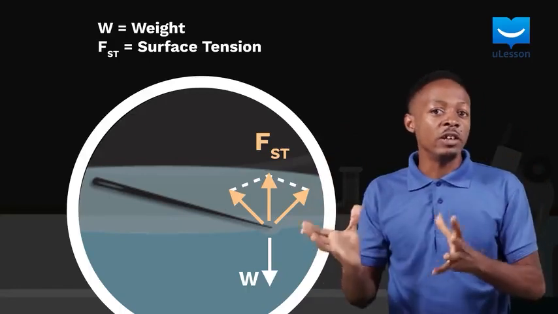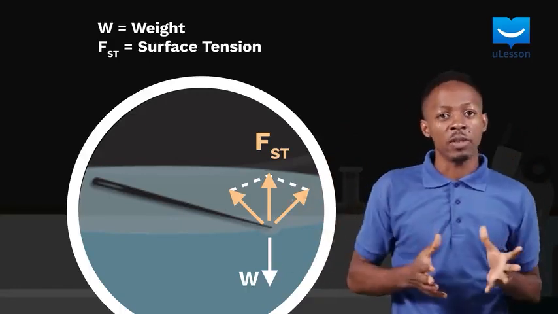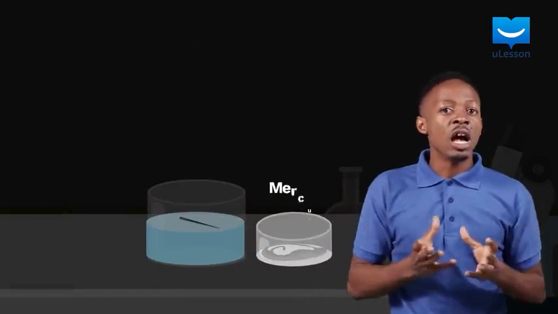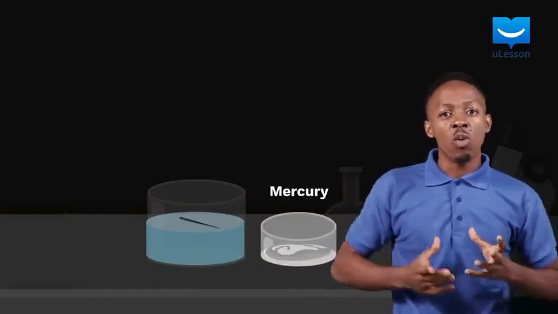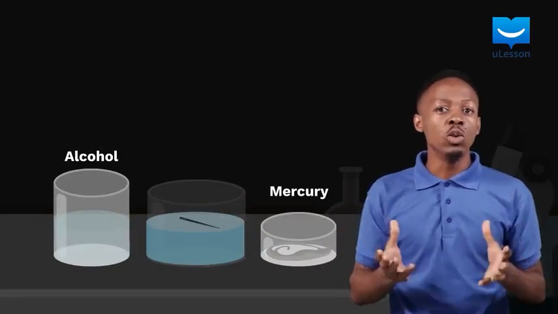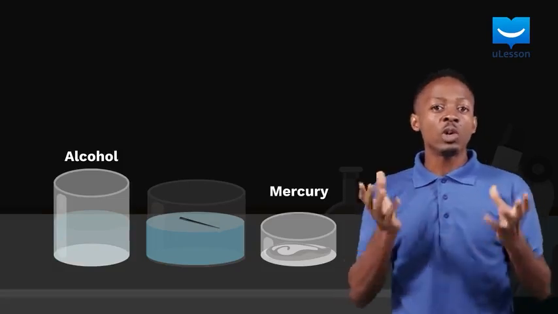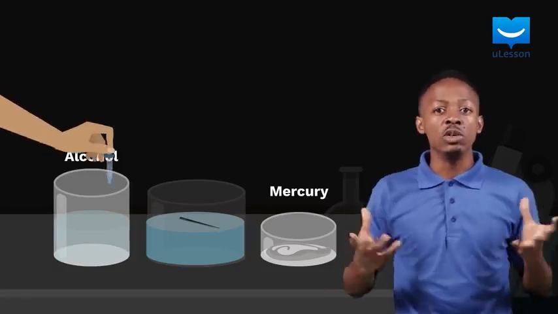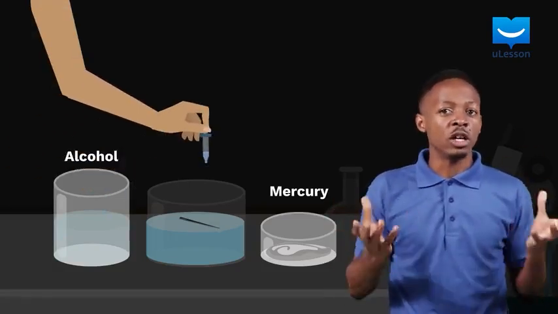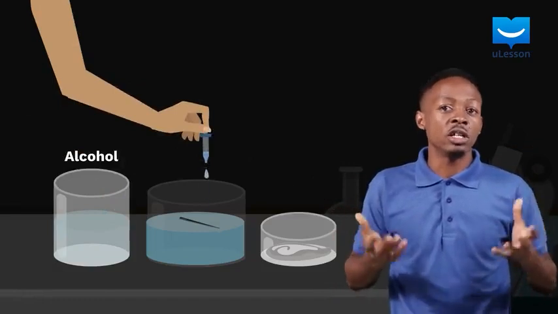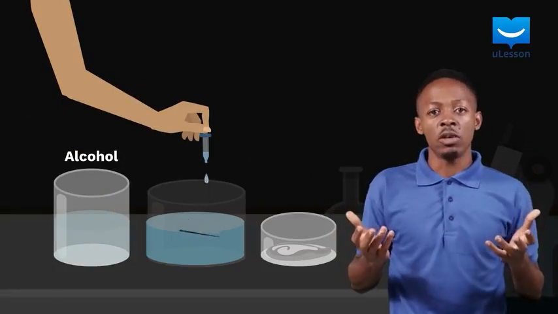Surface tension varies from substance to substance. Liquids with high boiling points, such as mercury, have a high surface tension, while alcohol has low surface tension. So in our needle experiment, the needle will sink immediately if we started adding a low surface tension liquid like alcohol.